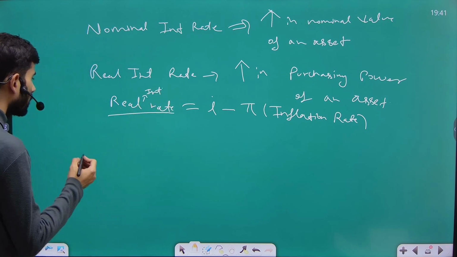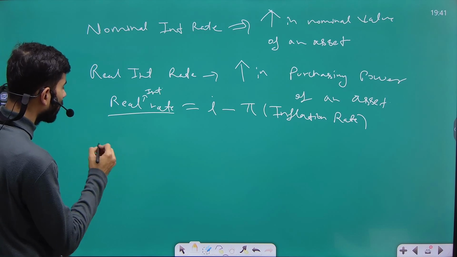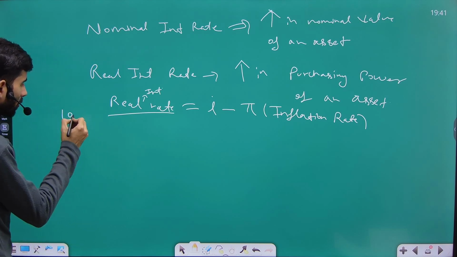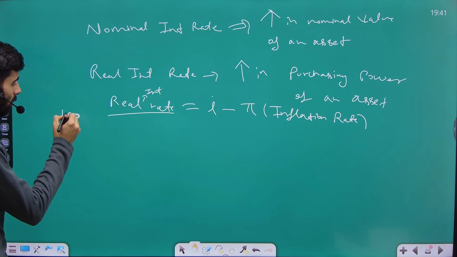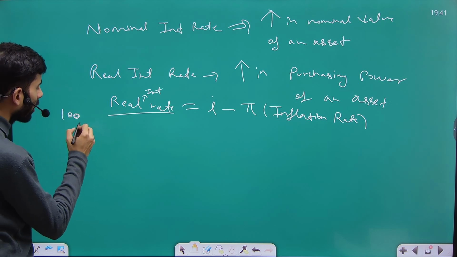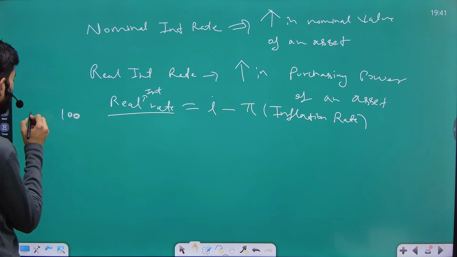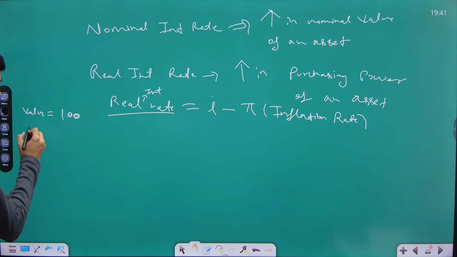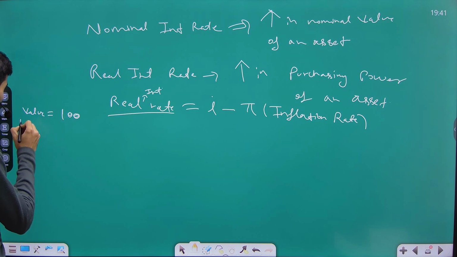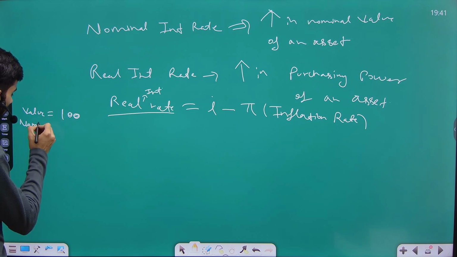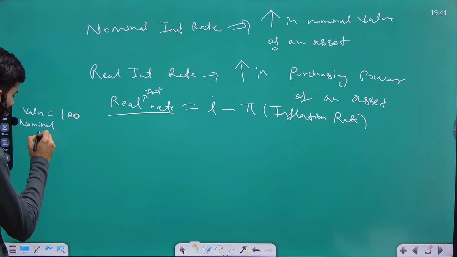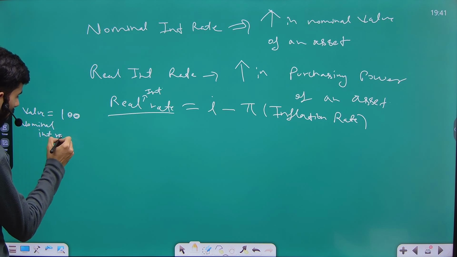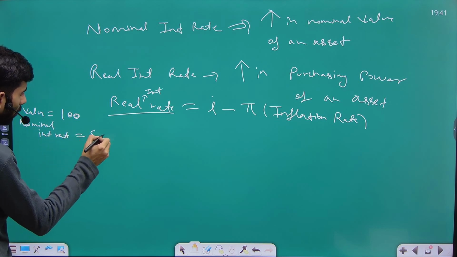Let's take an example. Suppose there is an asset whose current value is 100 rupees, and the nominal interest rate is 5%.